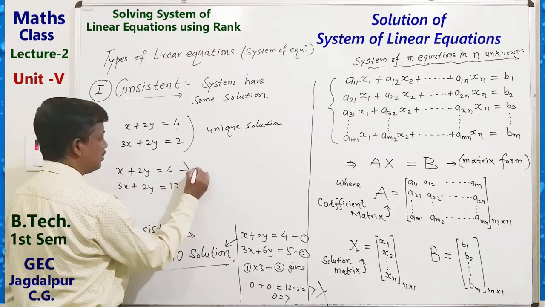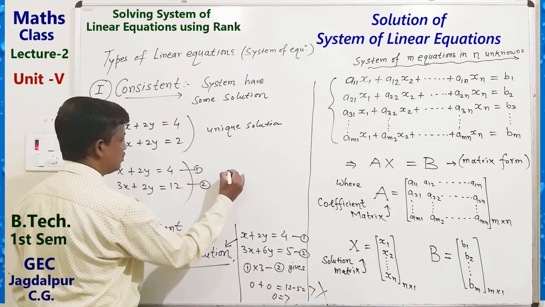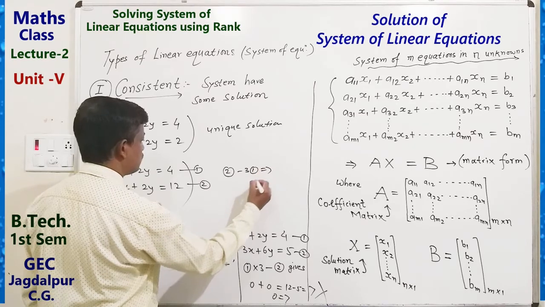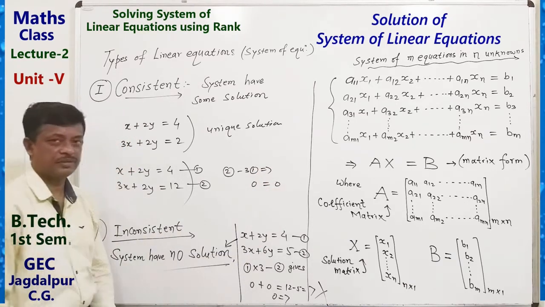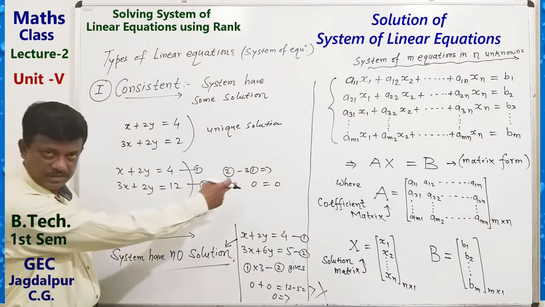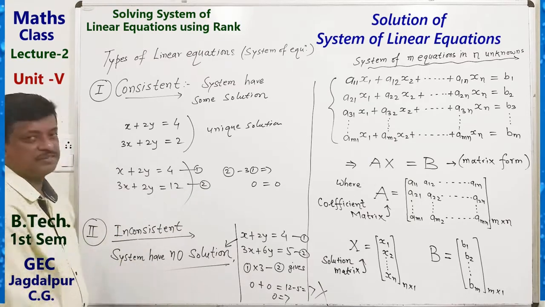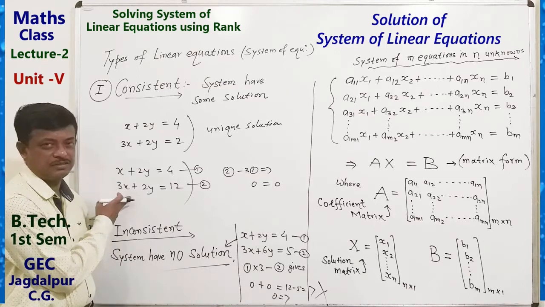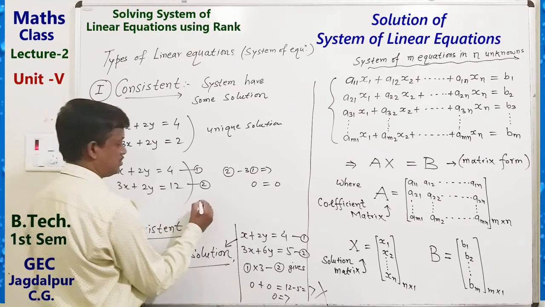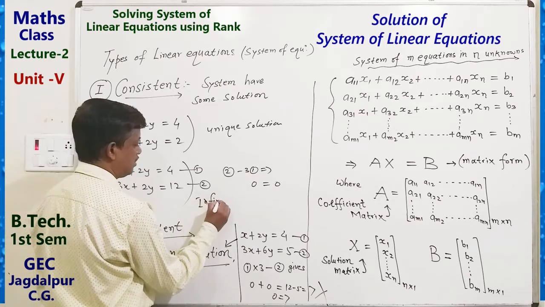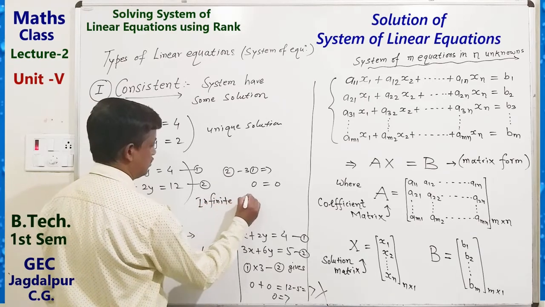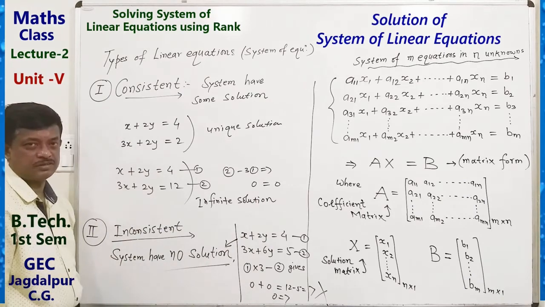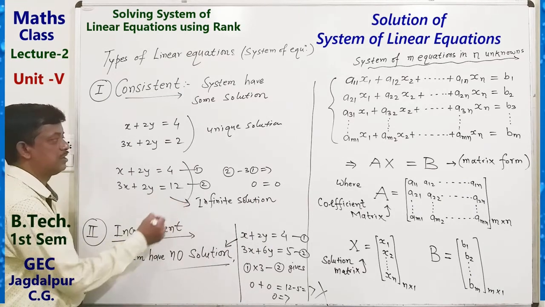So equation 2 minus 3 into equation 1 gives 0 equals to 0. This is satisfied. So here we can get infinite number of solutions for this system.